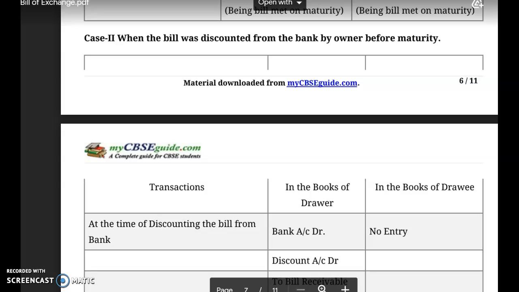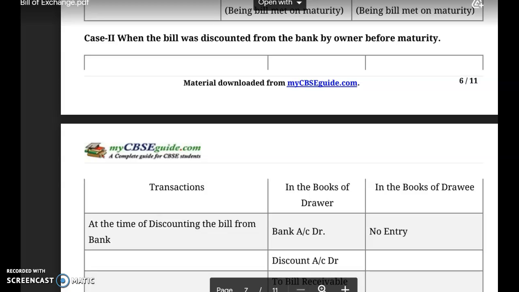Let's discuss the other cases. The second case is when the bill was discounted from the bank by the drawer before maturity. What is called discounting of the bill from the bank? As I also told you, discounting of a bill from the bank means that before the due date or maturity date of the bill, the drawer takes this bill to the bank.